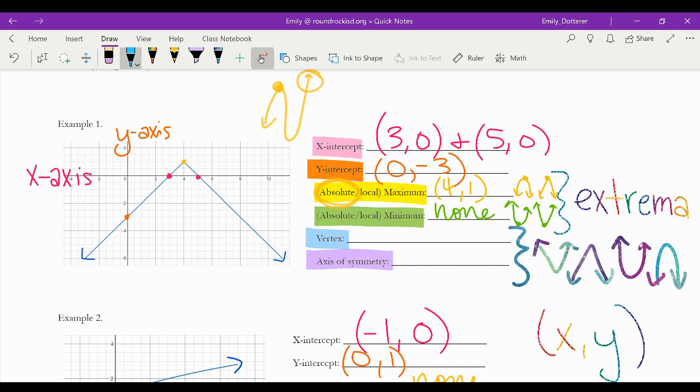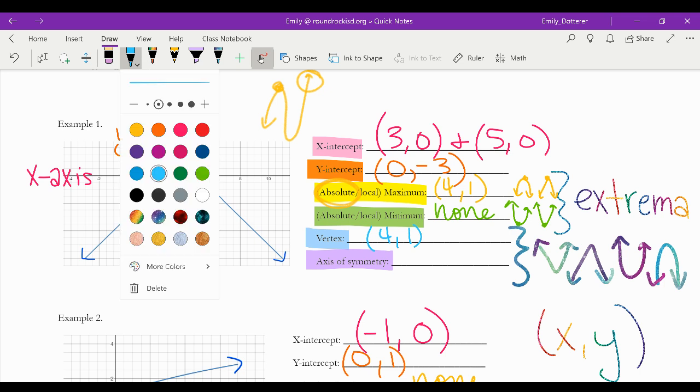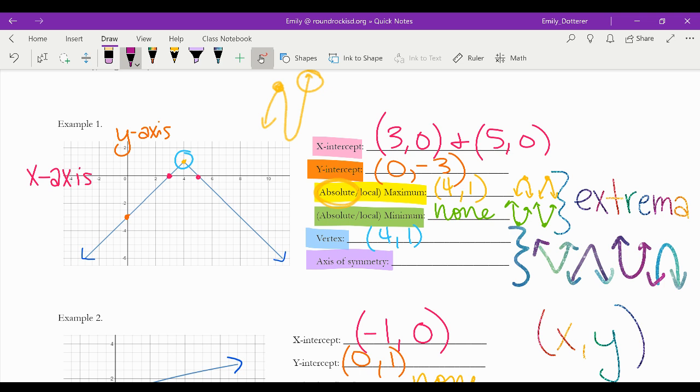The vertex will be the absolute maximum or absolute minimum of that graph. So in this case, that's the point 4, 1.